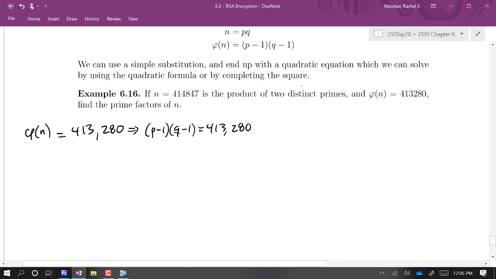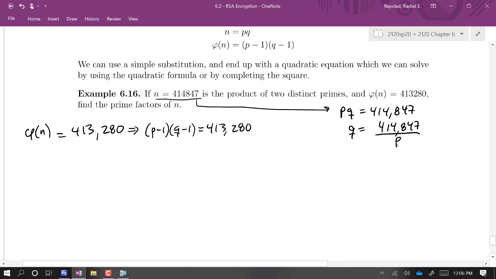We also know that n is 414,847. So that's p times q. And if we divide by p, we get that q is equal to 414,847 over p.